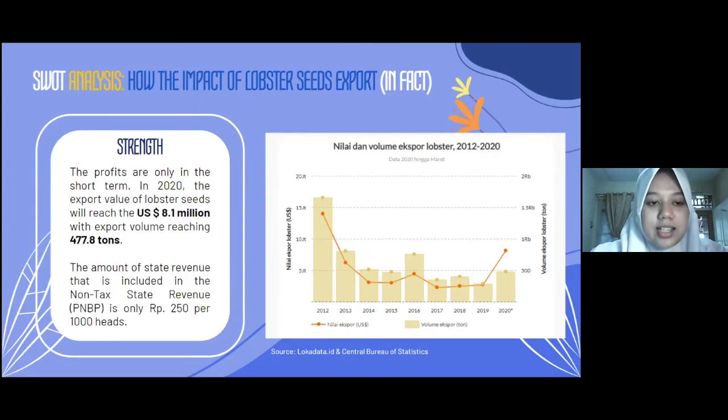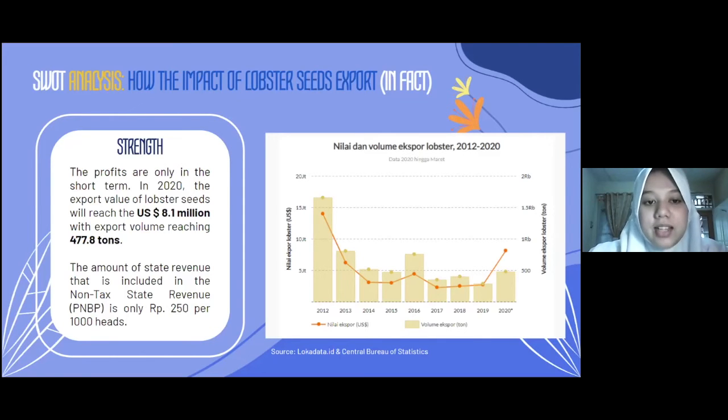So the strengths of the lobster seed export are harder to find than the weaknesses. In fact, the policy of lobster seed export is detrimental to fishermen and the state, even though the profit is only in the short term.